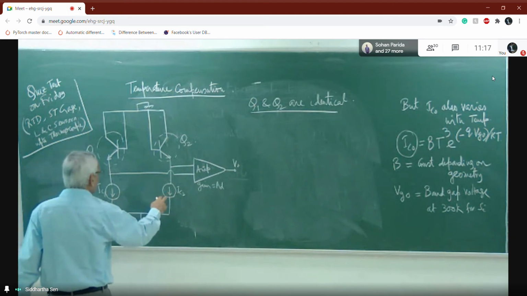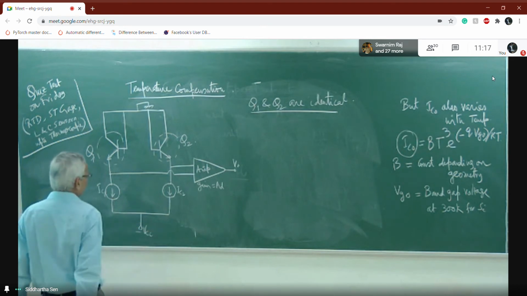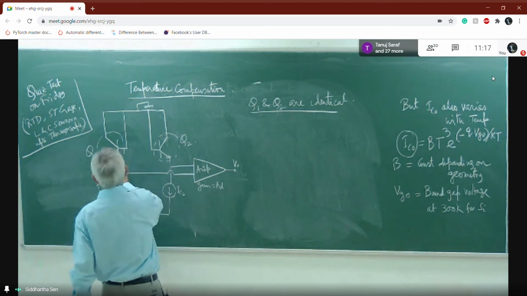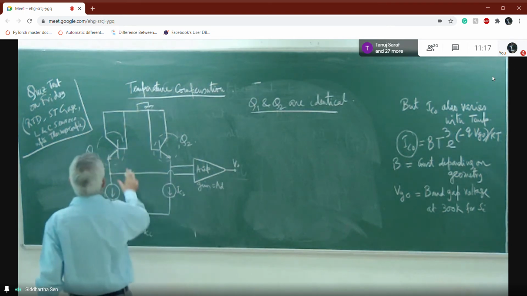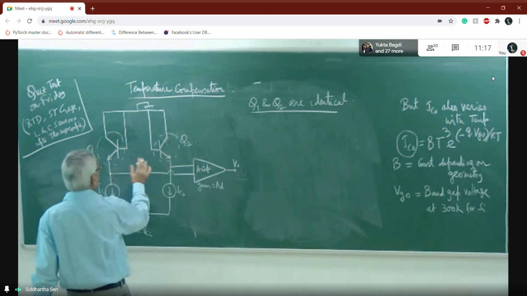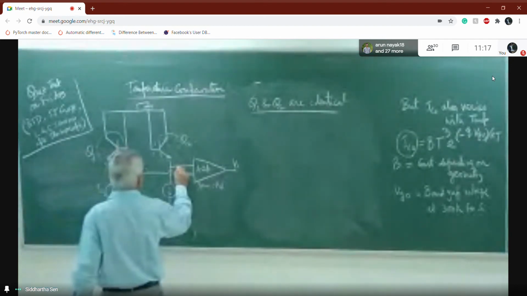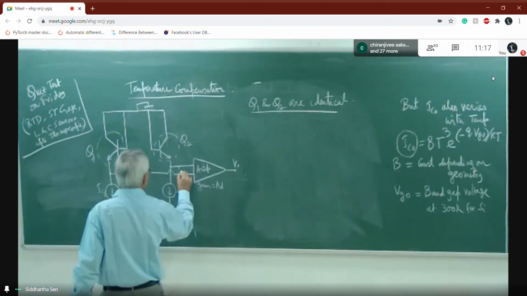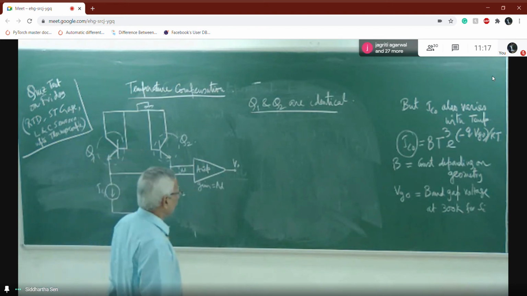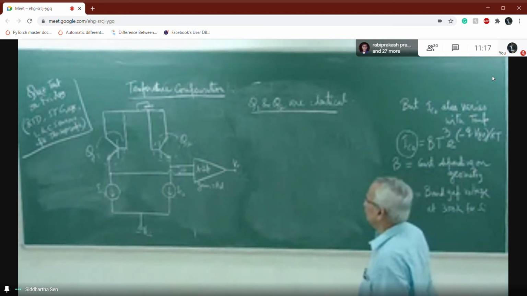These are two constant current sources, IC1 and IC2. Depending upon the VBE here, there will be a voltage difference between the emitter points of these two transistors. I can say this is the differential voltage VD.